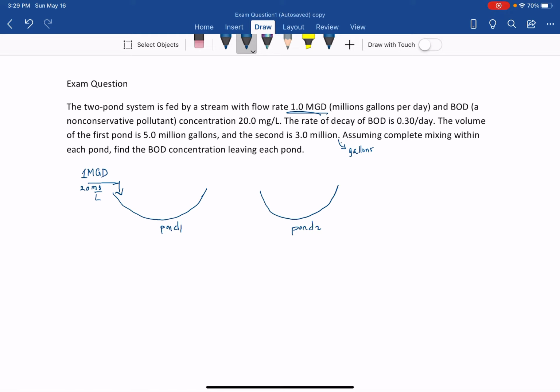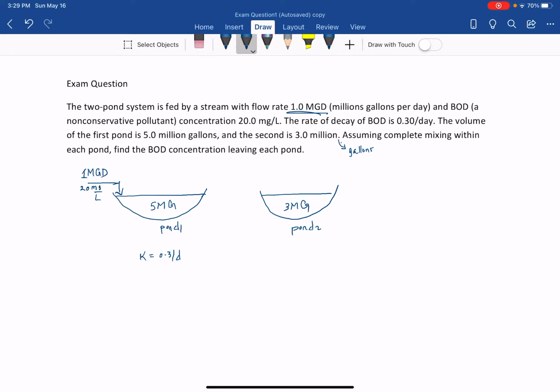The rate of decay of BOD is 0.3, so K is 0.3 per day. The volume of the first pond, which is filled with polluted water, is 5 million gallons, and the second one is 3 million gallons.